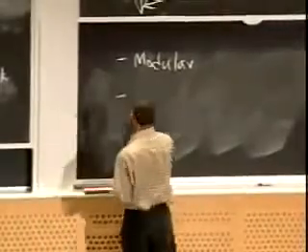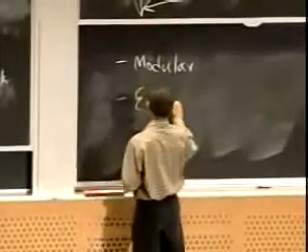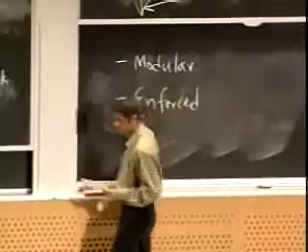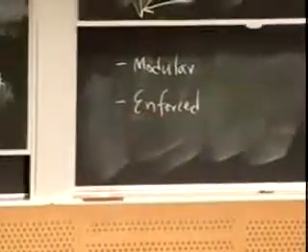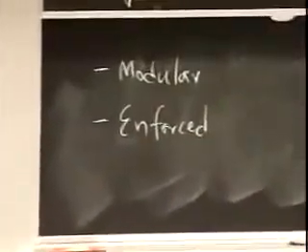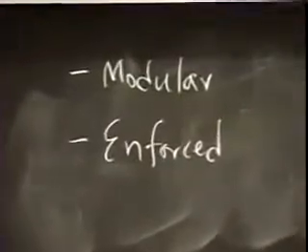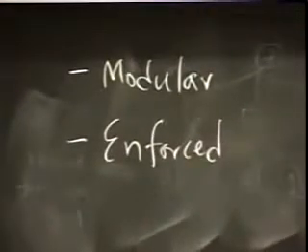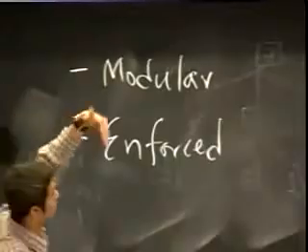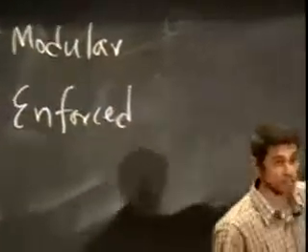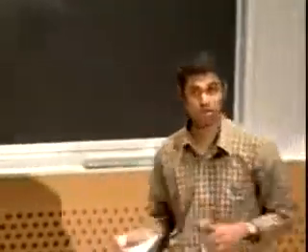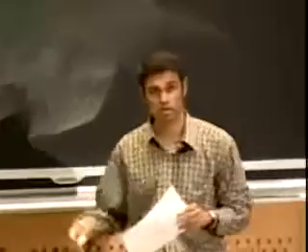This modularity is enforced. What that means is that it's not only a modular organization, it's one where errors, for example where one module fails or crashes, do not bring the other one crashing down. So the modularity is more enforced than when they were both running on the same computer using the procedure interface.